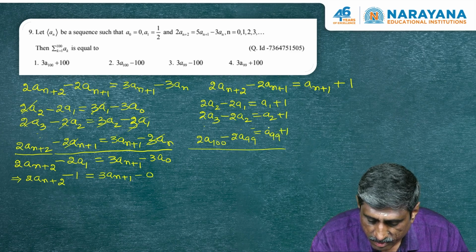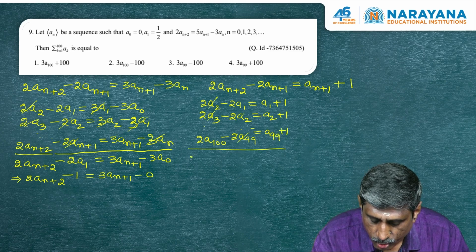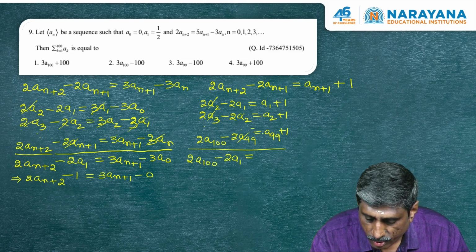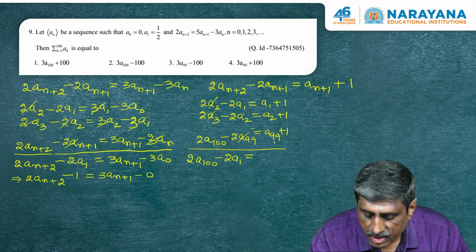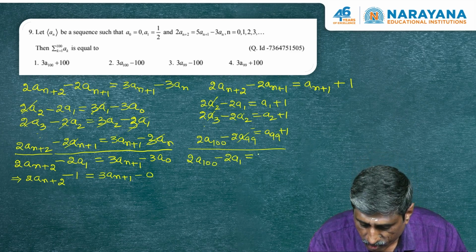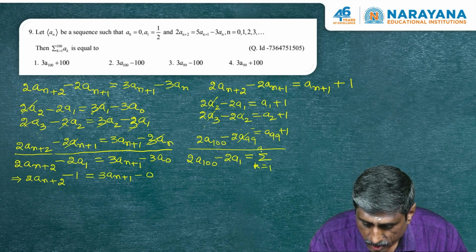When we add all of them in the same way, these are all going to be cancelled here. So, 2a_100 − 2a_1 = sigma k = 1 to 99 of a_k + 100.